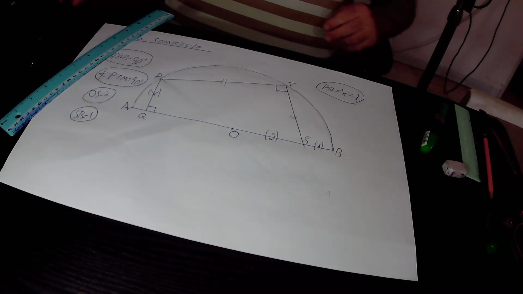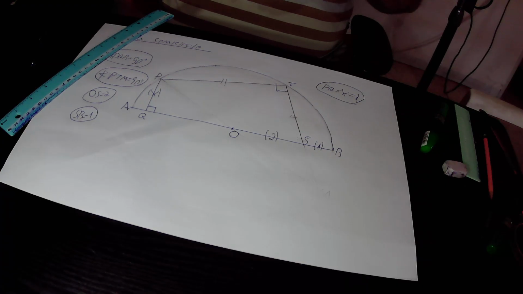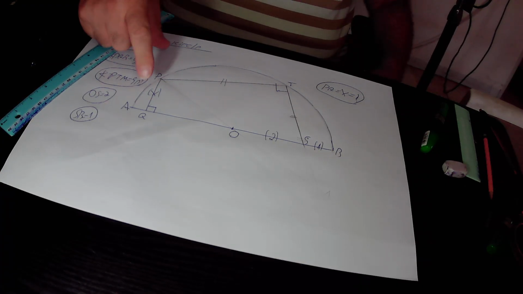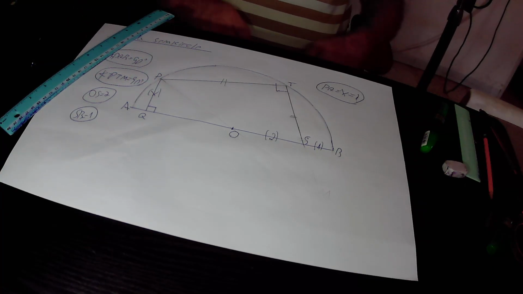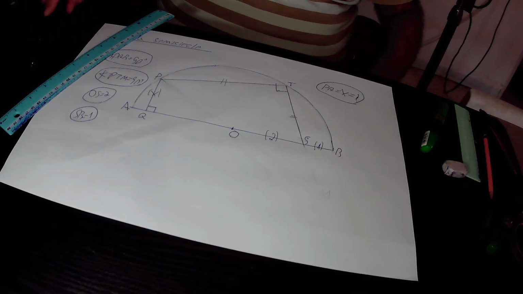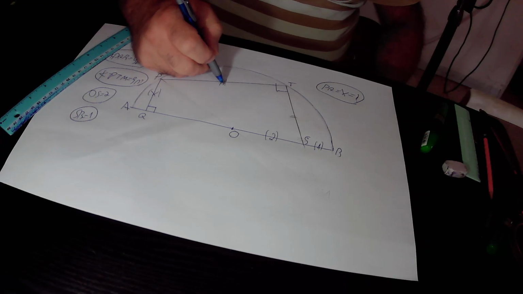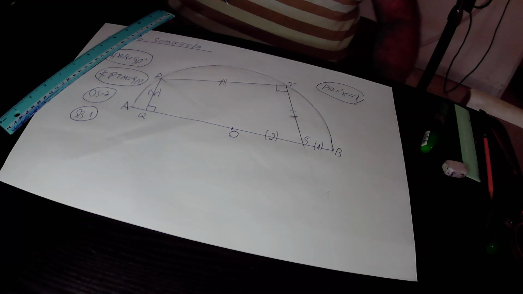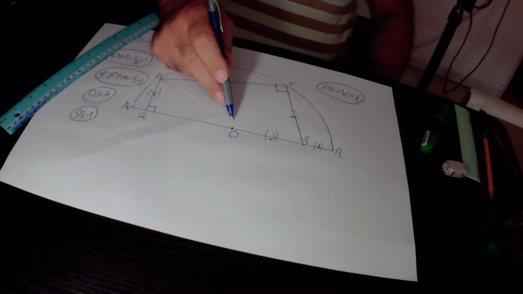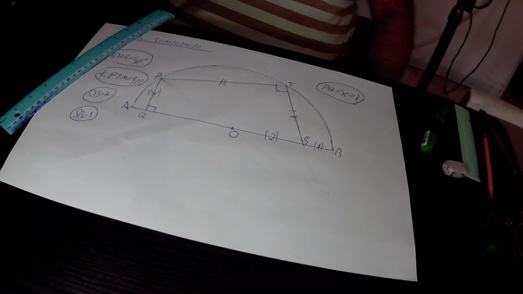In the second question, our task was to find the length of this line segment PQ, which equals x. We have to find the value of x. In the domain, we have a semicircle. This is point O. According to what is given in the question, point O is the center of this semicircle.